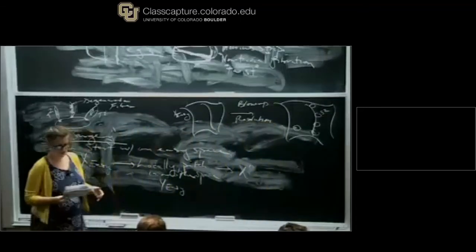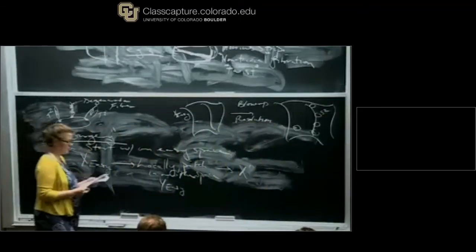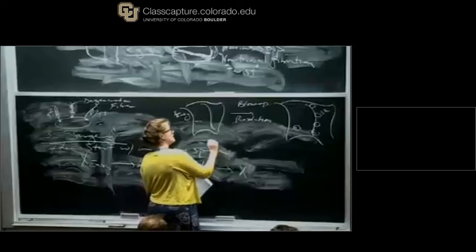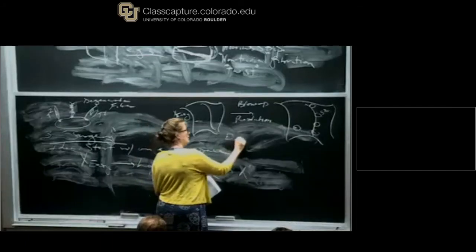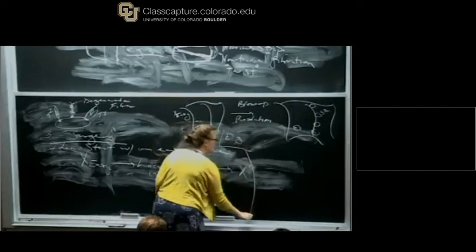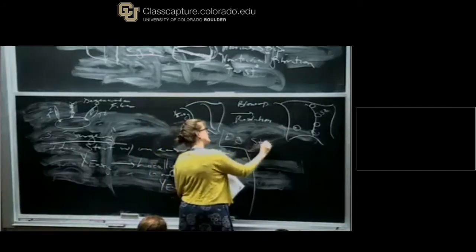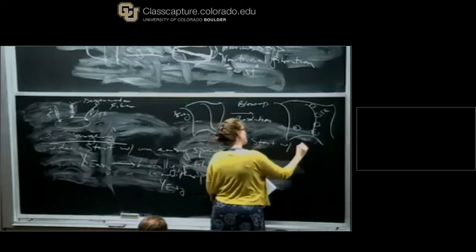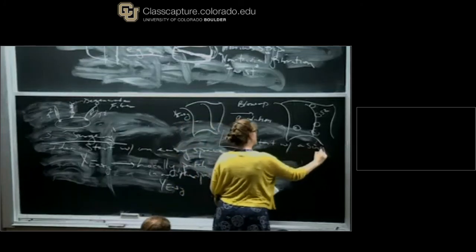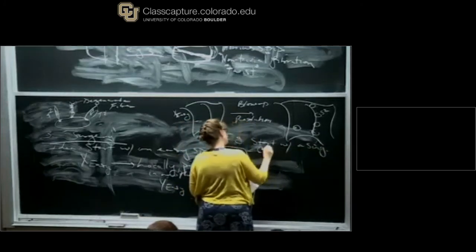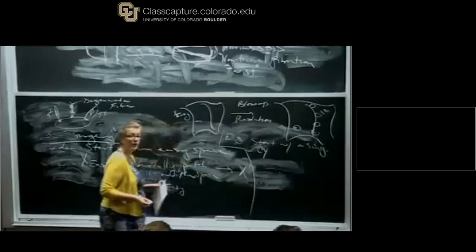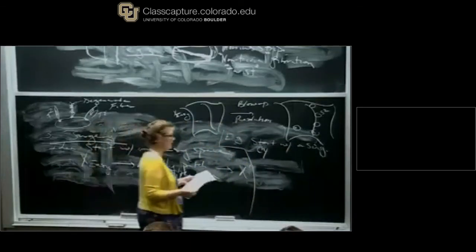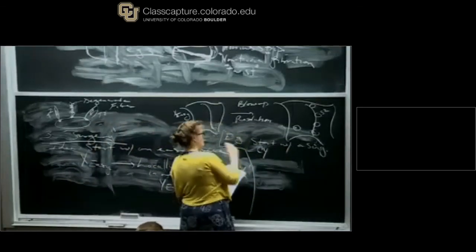In general, the way this is normally done is to start with a singular Calabi-Yau, a Calabi-Yau manifold that looks a bit weird at some points. And the points that you choose to replace are singular ones.